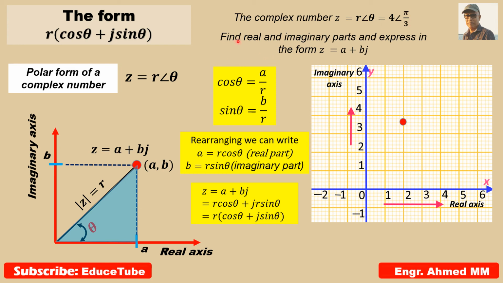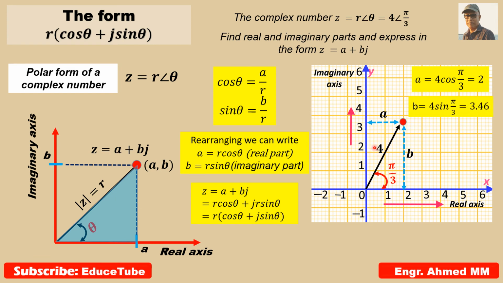So we have to find the real and imaginary parts and express in this form. So let's first sketch this. This is the complex number we are sketching here. Angle is pi by 3, it means this is the argument, and we have this modulus 4.